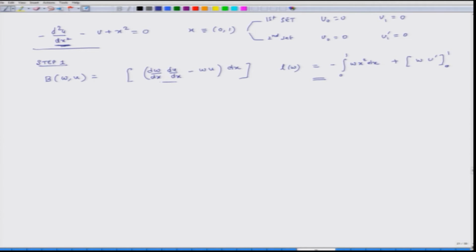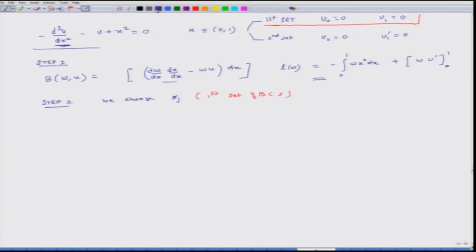So, the second step is that we choose phi j, and initially we are going to choose phi j's that are consistent with these boundary conditions, for the first set of BCs.